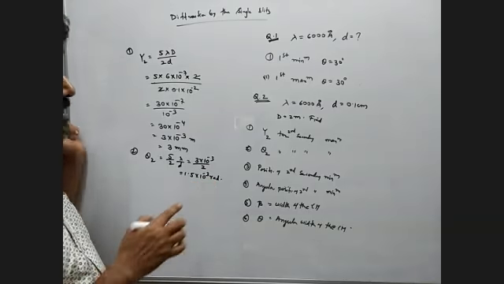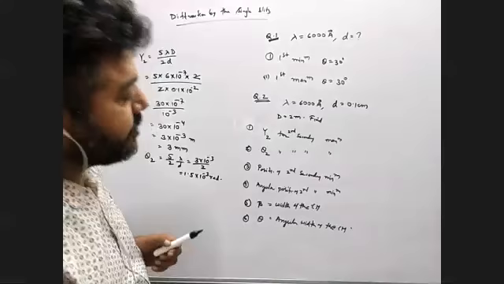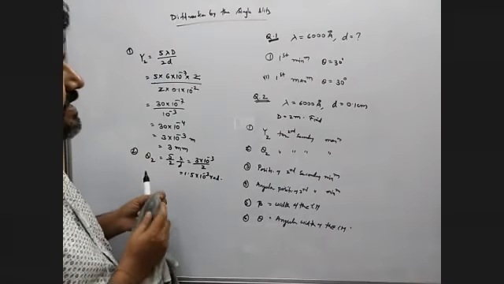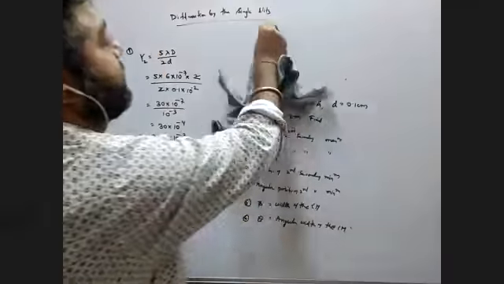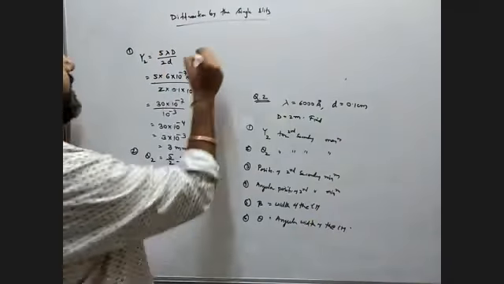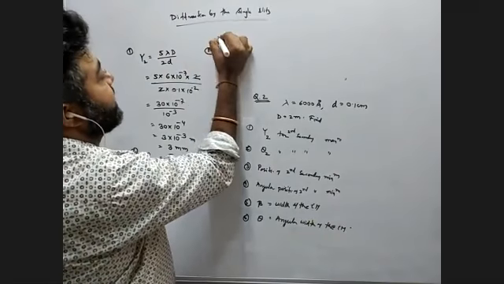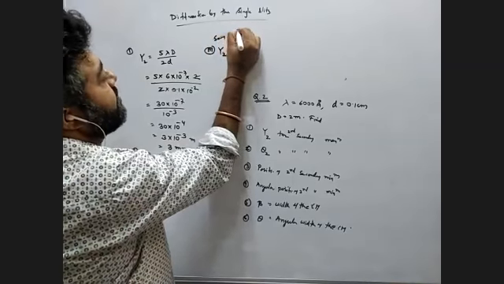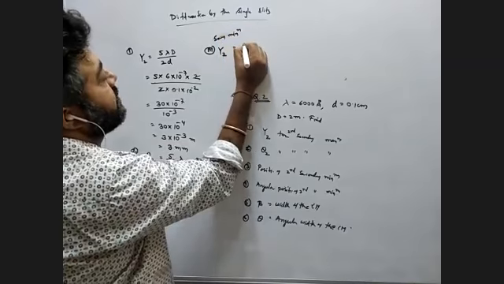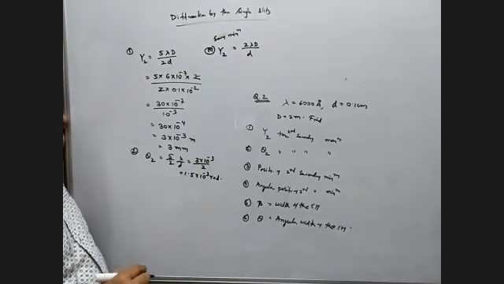Okay. Now the third one, position of the second secondary minimum. So position of the second secondary minimum, number 3, that is y2 for minimum secondary minimum, that is 2 lambda capital D by D. Is it okay?